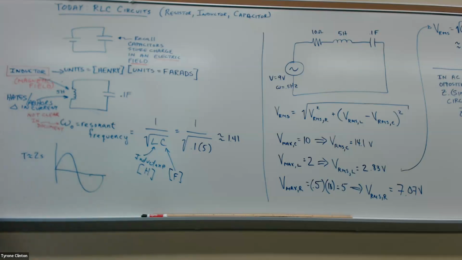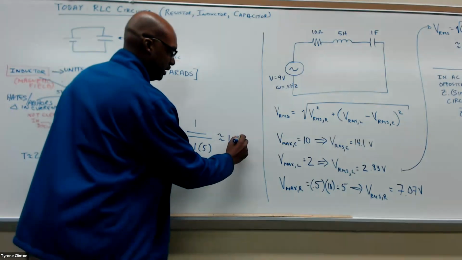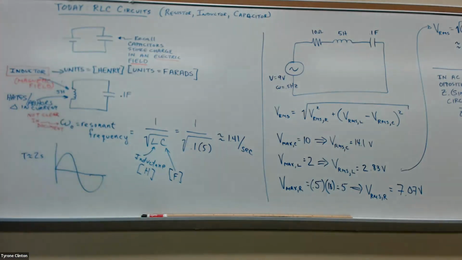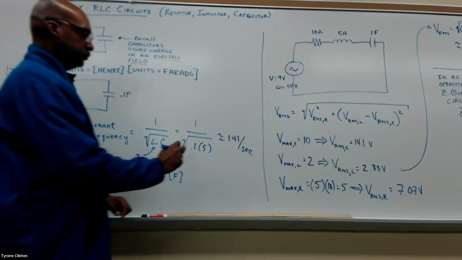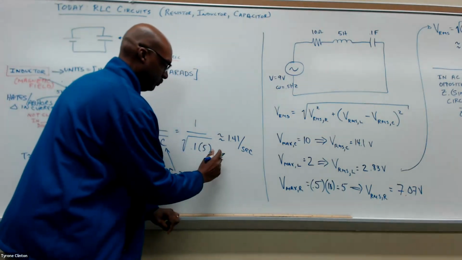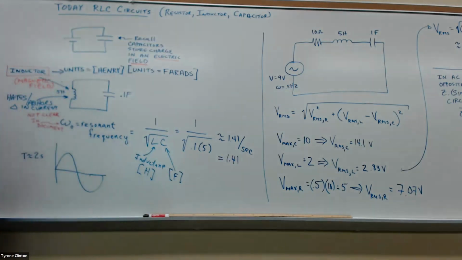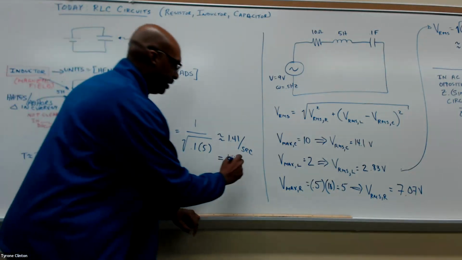Okay, so I did a quick calculation there, and our frequency in this case would be 1.141, and this is in radians per second. Right? And remember, radians are a unitless dimension, but I'll write it in here.